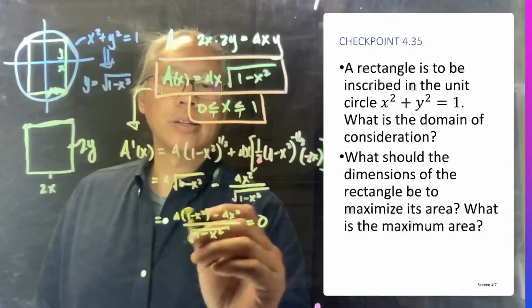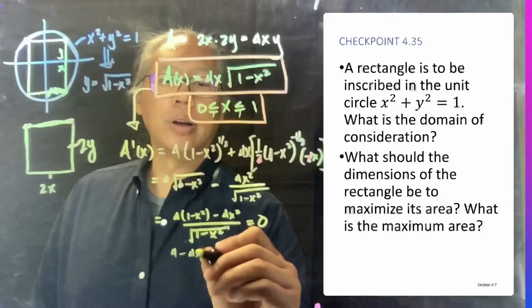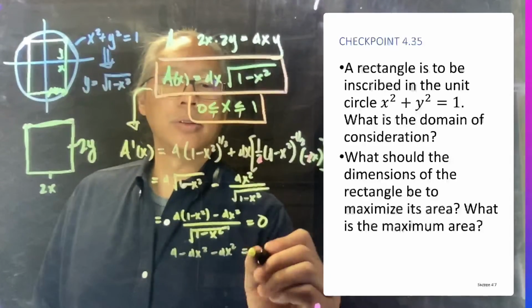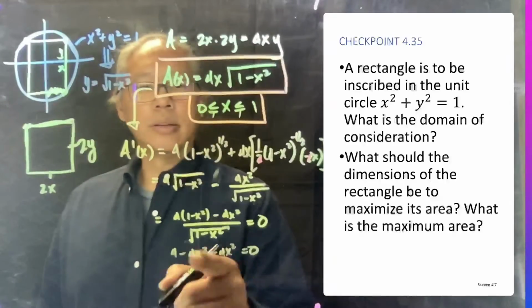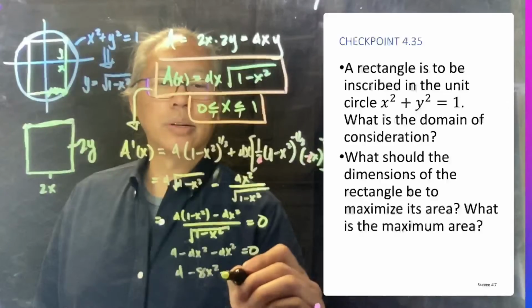I'm going to take a step where I'm going to distribute. I have 4 minus 4x squared minus 4x squared equal to 0. And then this will give me 4 minus 8x squared is equal to 0.